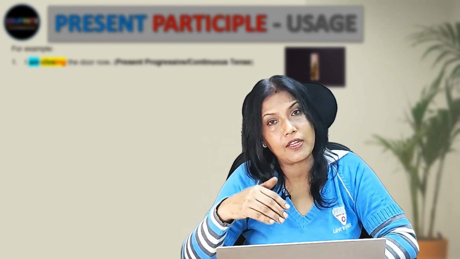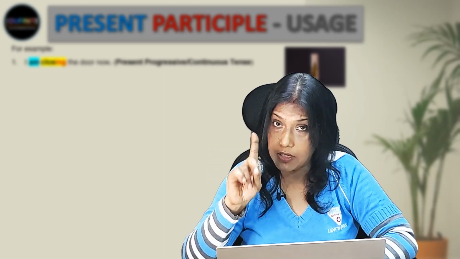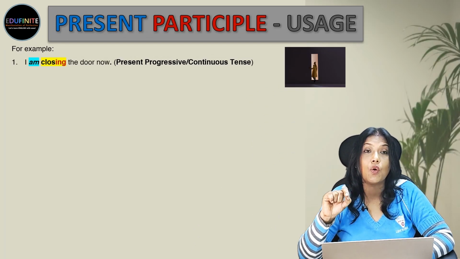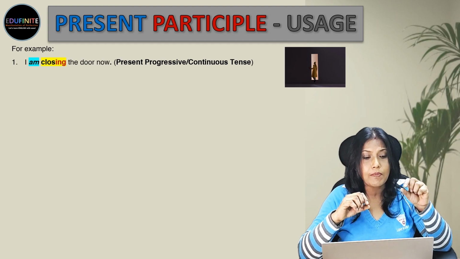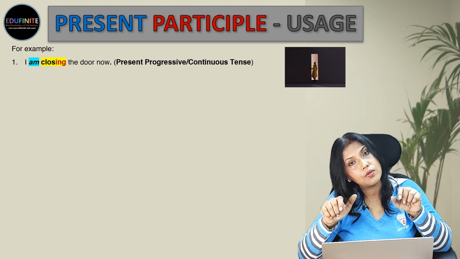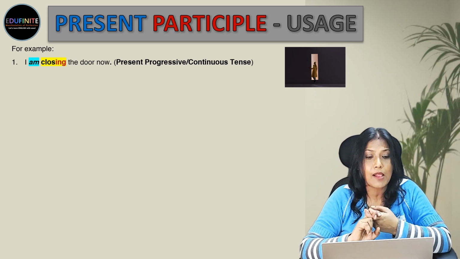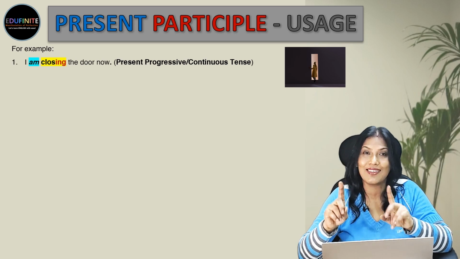And for the past participles, if it's ed or n or d or whatever it is, I have written that in red. So here, I am closing the door now. Now, am, closing. So am is the auxiliary and closing is the present participle. So these together help us to form the present progressive tense or the present continuous tense.